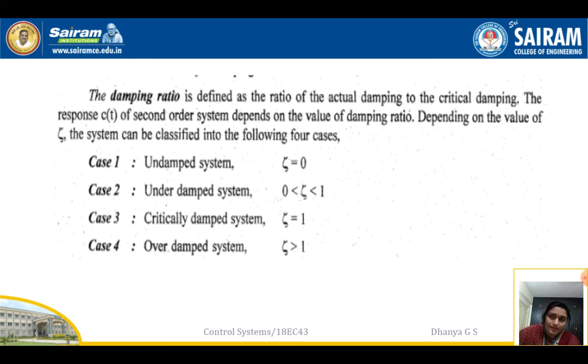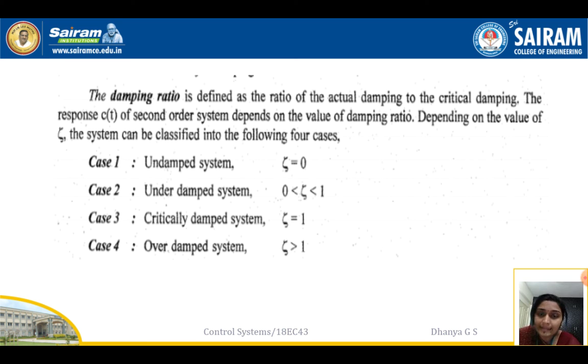So the response C of t of a second order system depends on the value of damping ratio. Depending on the value of zeta, the system can be classified into 4 cases. First one is undamped, zeta equal to 0. Second one is underdamped, 0 less than zeta less than 1.